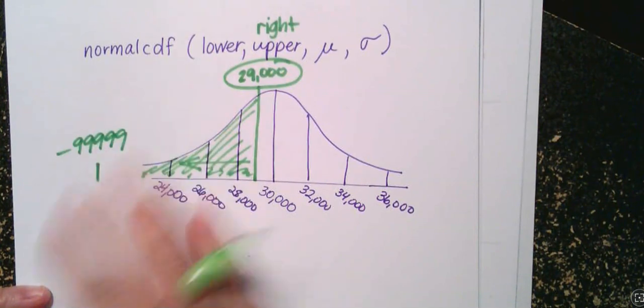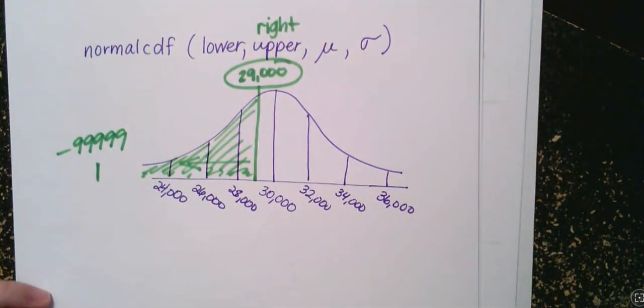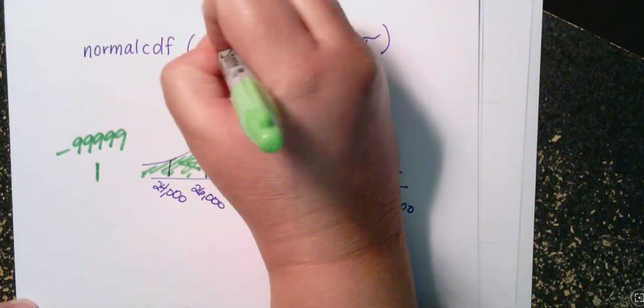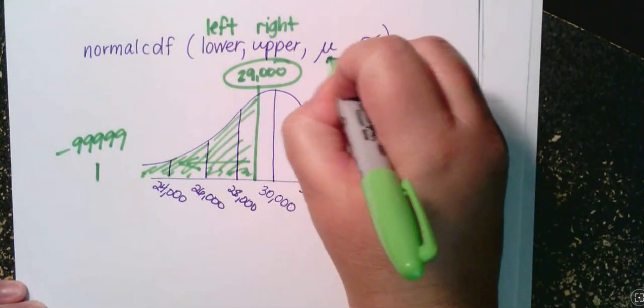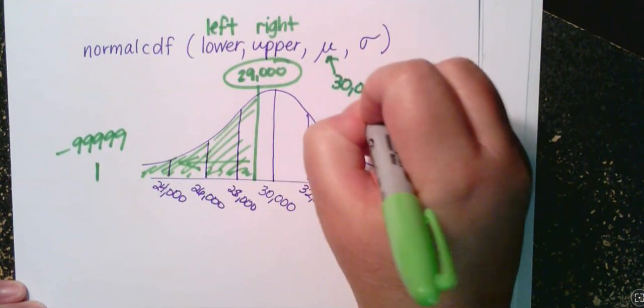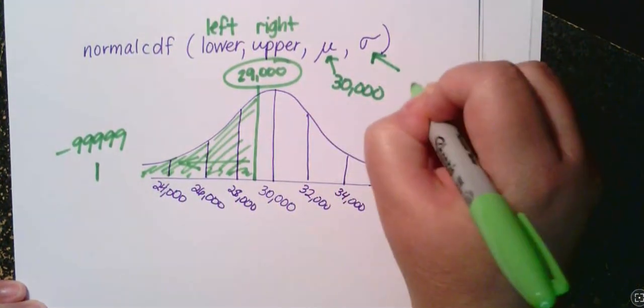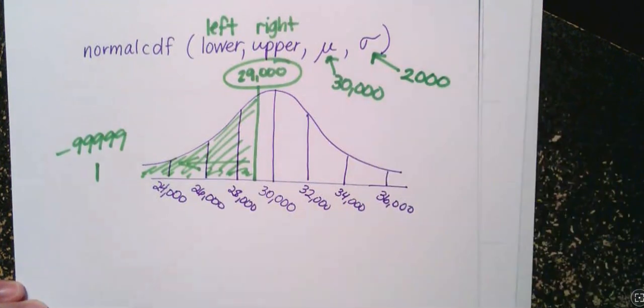Let's do a bunch of 9s. There we go, because we're in the thousands here. Okay, just make it a very big negative number or a very small number. Okay, that's the left side. The left side is your lower boundary. Mu is 30,000 here. And sigma is 2,000 here. So that's what's going in my calculator.